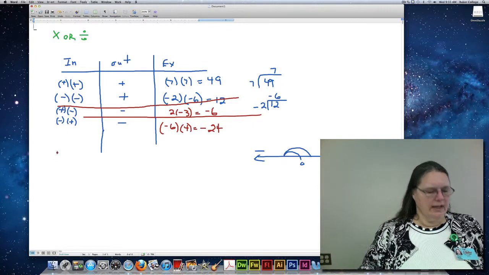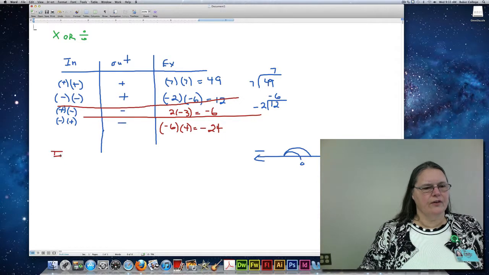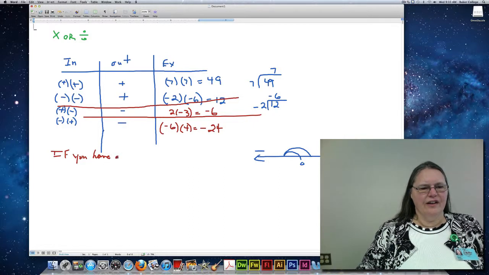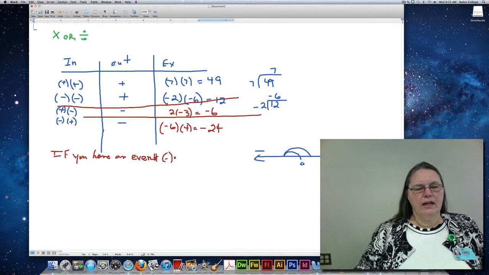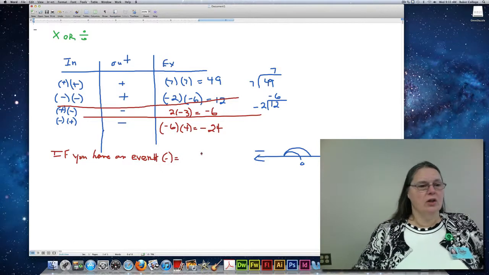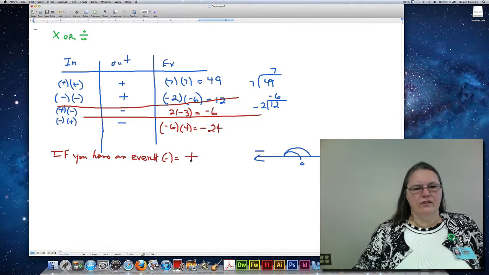If you have an even number of this symbol, opposites, multiplied together, an even number, 2, 4, 6, 8, 10 of them, whatever, it will always be positive, okay?